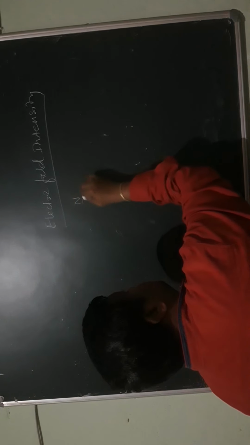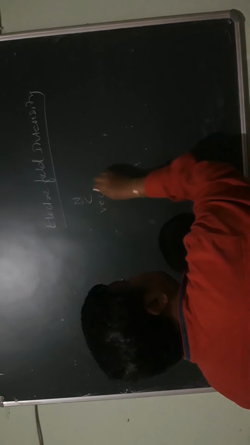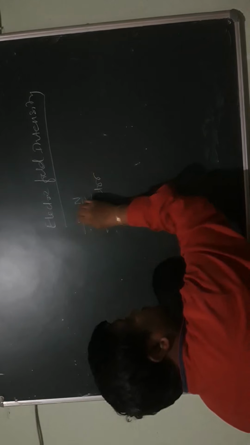Electric field intensity is a vector quantity and its unit is Newton per coulomb.